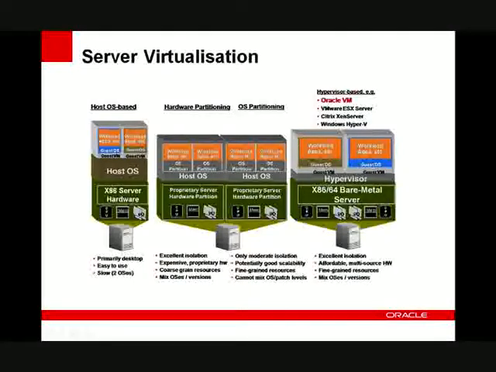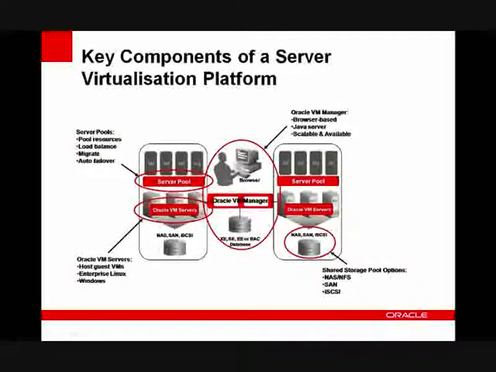So the key components of a server virtualization platform, we obviously have to have the machines themselves. So they're still physical computers. The physical computers are installed with the hypervisor software, and these become virtualization servers effectively.